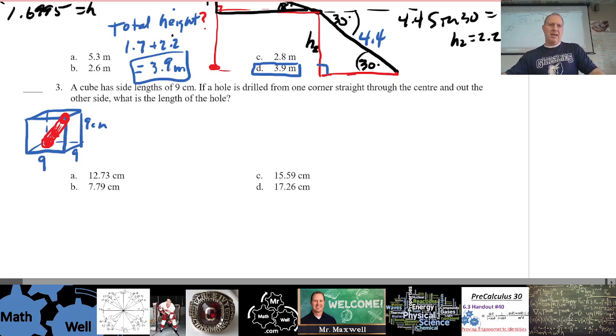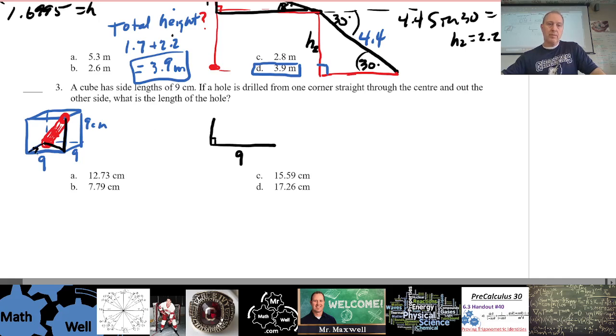Okay, so we've got to find that length. That could be tricky. So I've got some triangles there. Let's see if we can make a triangle like this. I've got 9 here.